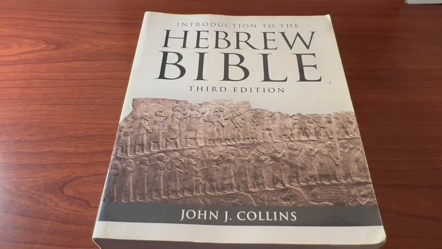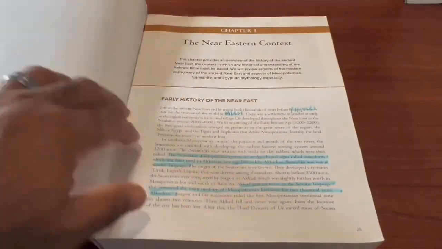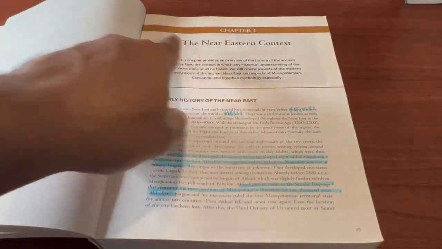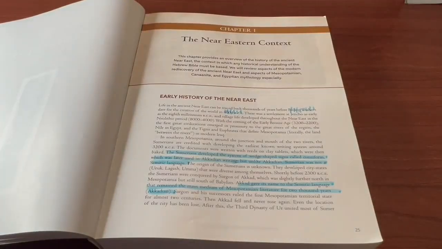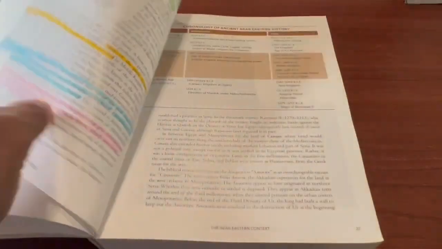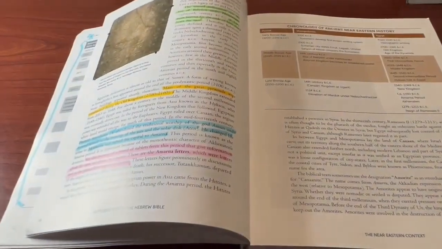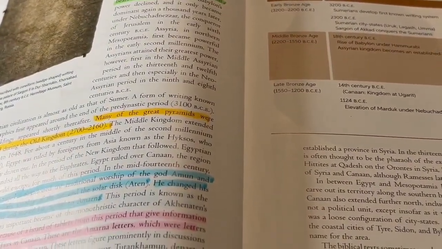Great book. I mean, this is a great book. Just check it out. Chapter 1, Near Eastern context, early history of the Near East. All right, see that? Look at that information. See that?